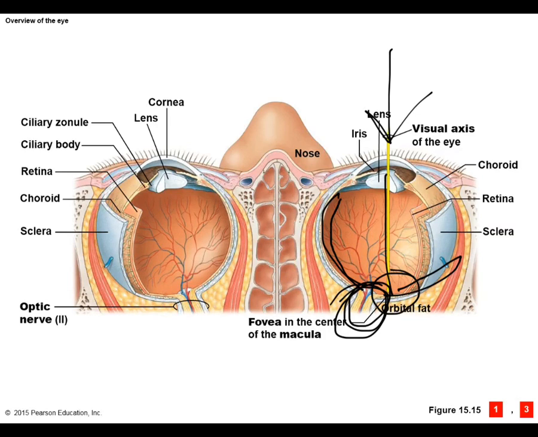But in the future, maybe in the past, you've done a little blind spot test to prove to yourself that this is the case. But because you have two eyes, the brain kind of fills it in. It's really cool. The brain kind of fills in that blind spot and gives you a complete visual field, even though there are some parts of the image that are hitting that blind spot in your eye.